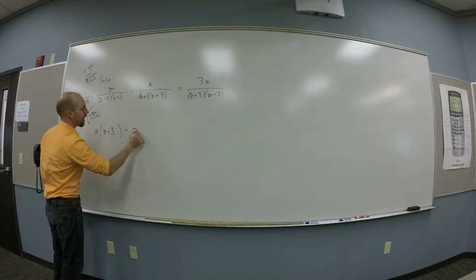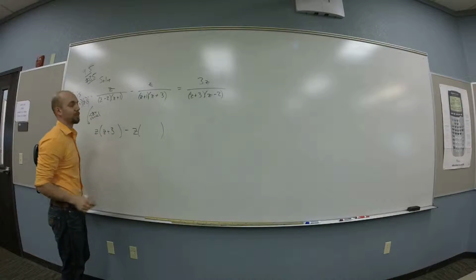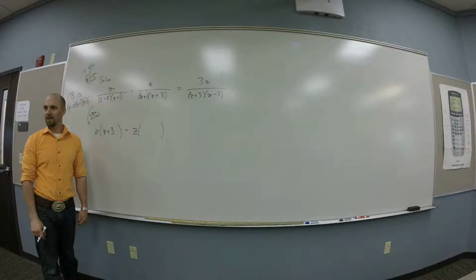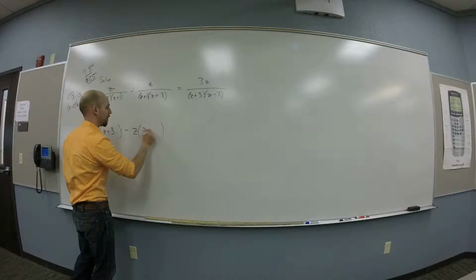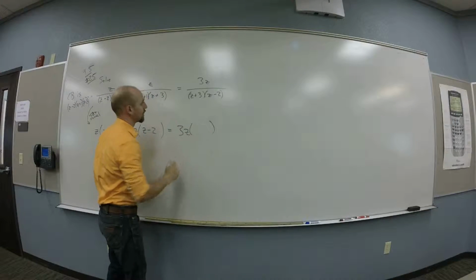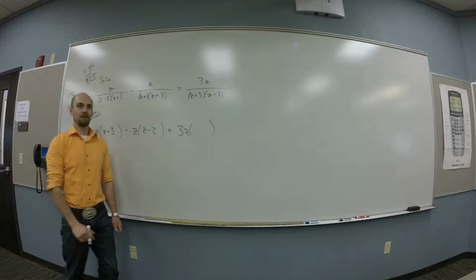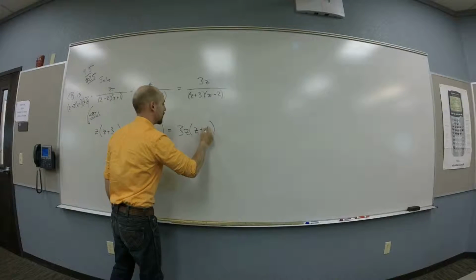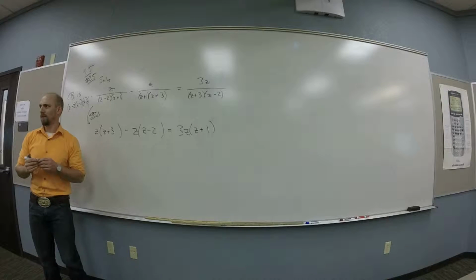And then I'm going to have a minus Z times, what's that one missing? Z minus 2. That's missing a Z minus 2. And that's going to equal 3Z. And what's this one missing? Z plus 1.